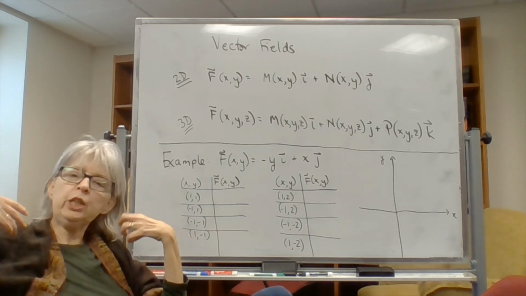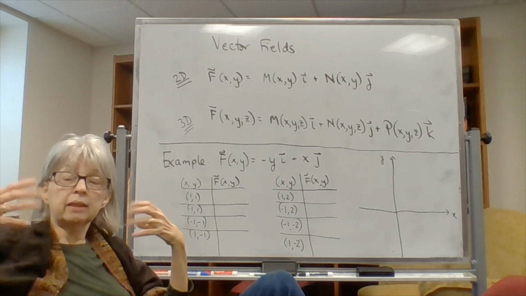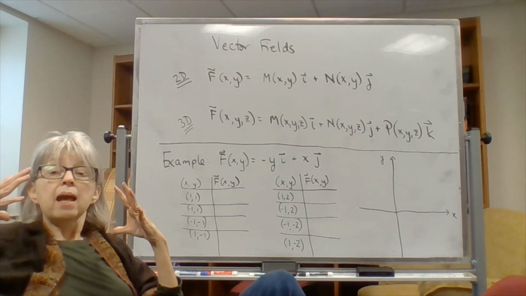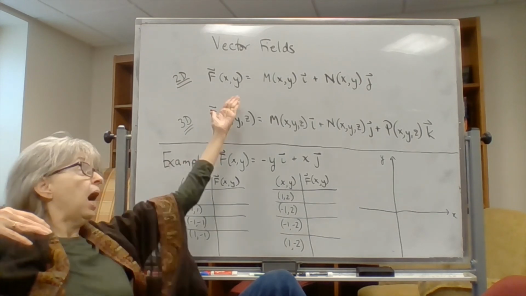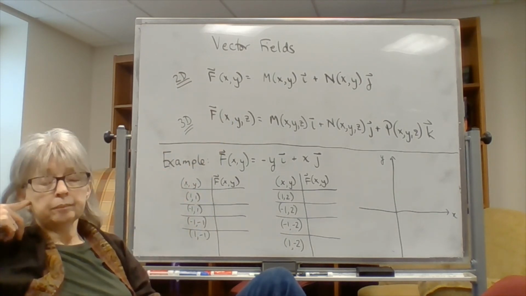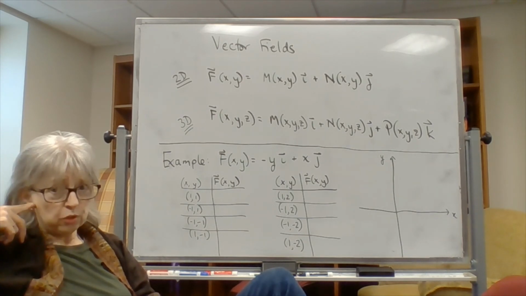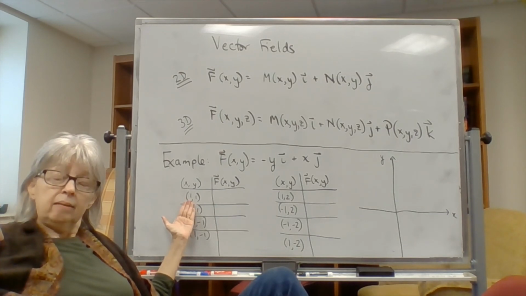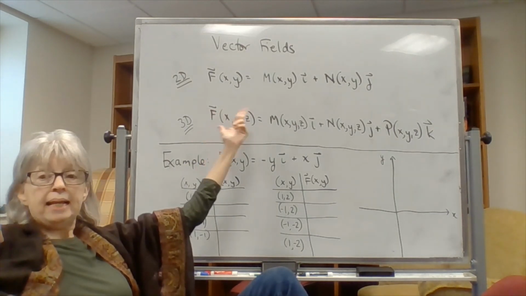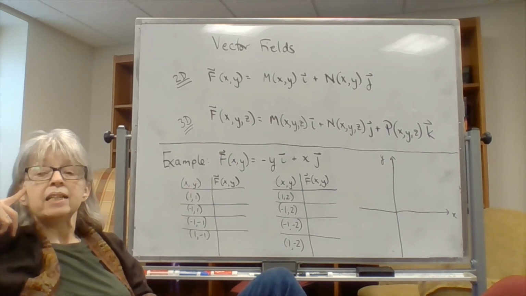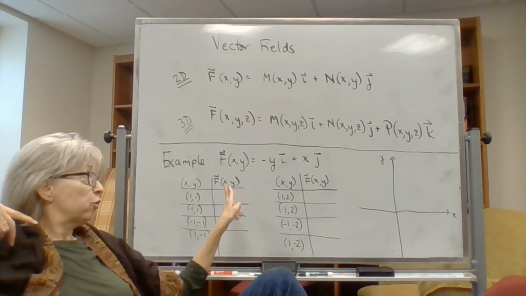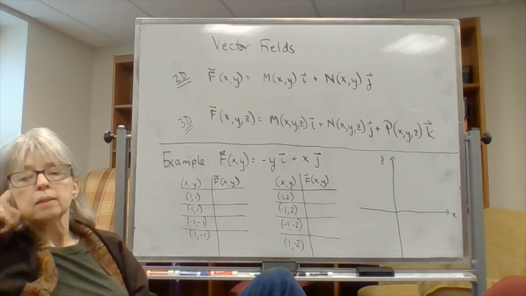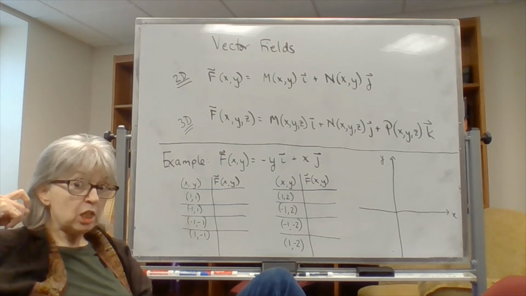I can only use points that are in the domains of both functions. Plug in those points, I will get out a vector. And then how I draw that vector will be to use the point I plugged in from the collective domains of M and N as the initial point. And then I draw the vector that I get out using that as an initial point. So the concept of displacement is going to come into play.